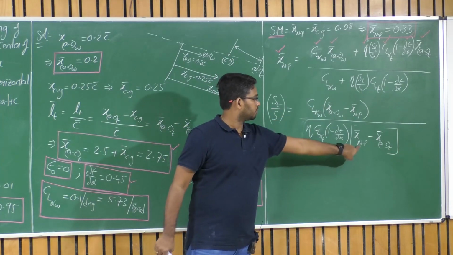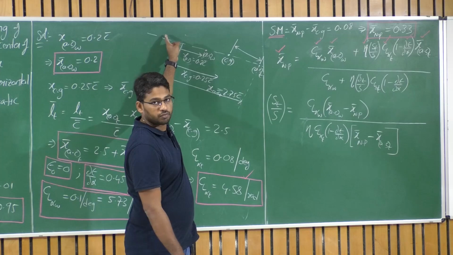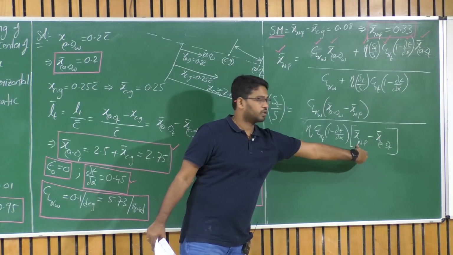So negative upon negative, because the neutral point lies in between the aerodynamic center of tail and the aerodynamic center of wing. That means it is lesser than the XAC of tail. So this is a negative quantity again.